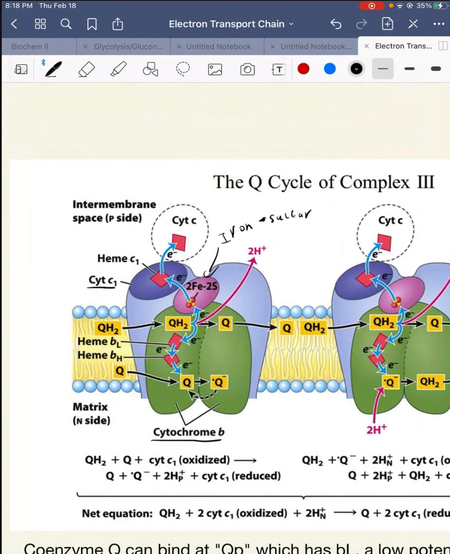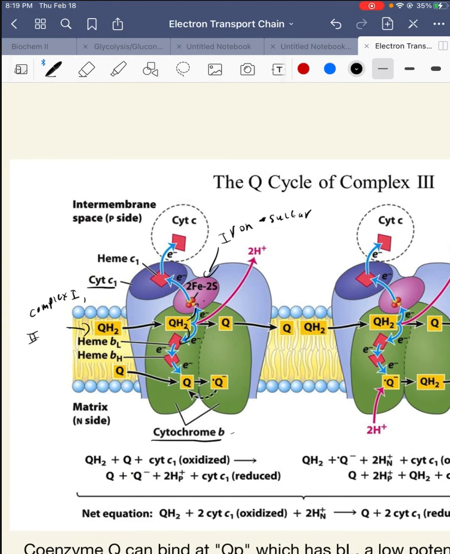So we have this reduced coenzyme Q. It comes from complex 1 and complex 2, so it can come from either. It enters cytochrome B. That's the first thing it does. It gives 1 electron to iron sulfurs. Remember, we talked about in complex 1, the iron sulfurs can also only take 1 electron at a time. So it gives 1 electron to iron sulfur up here, and then 1 electron goes down.